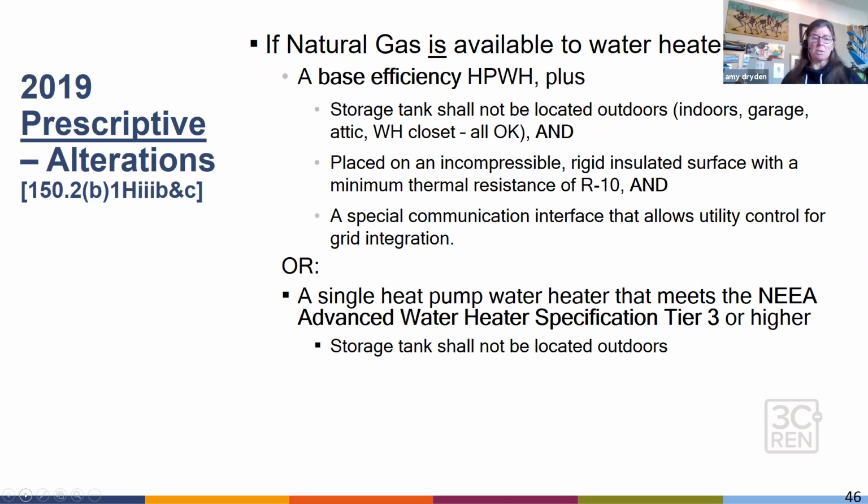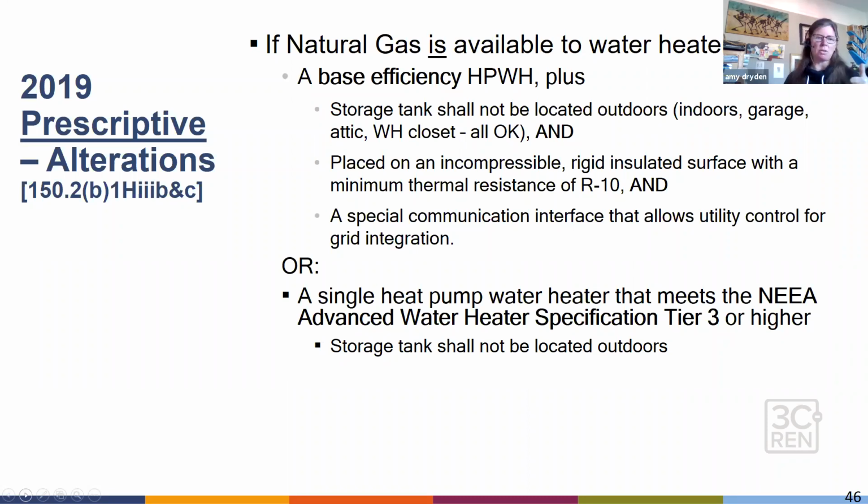If there is gas available, so if I am replacing a natural gas storage water heater, for example, then I have that dichotomy again of a base efficiency water heater. So I can install that, but I'm also going to have to place it on an R10 thermal resistance, non-compressible rigid insulation surface, again, to address the efficiency.